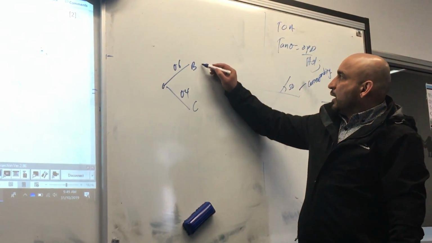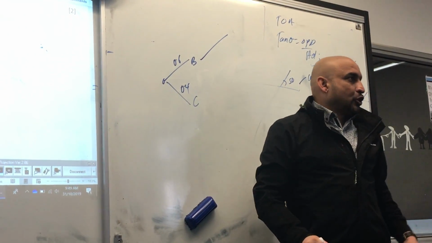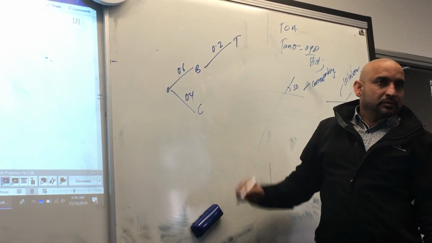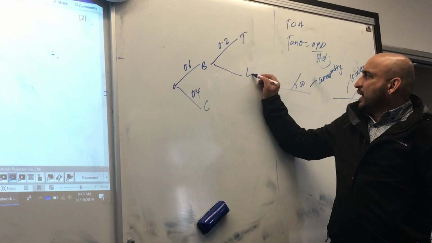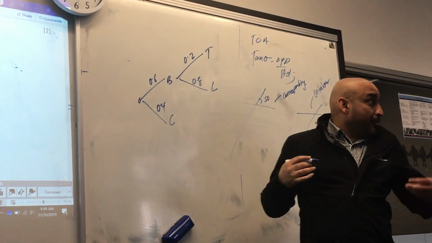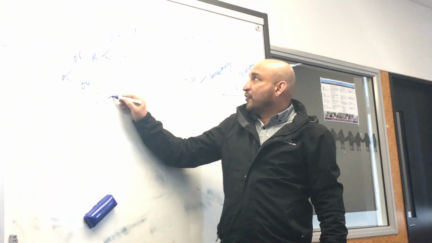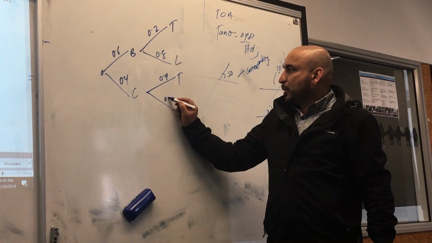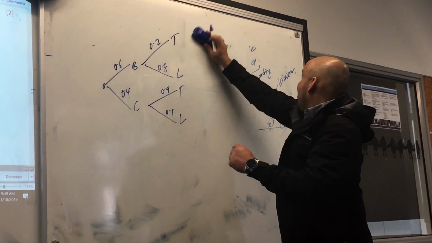If I bike to school, the probability that I am on time is 0.2. So what's the probability that I am late? 0.8. If I come to school by car, the probability that I am on time is 0.9. So what's the probability that I am late? 0.1.